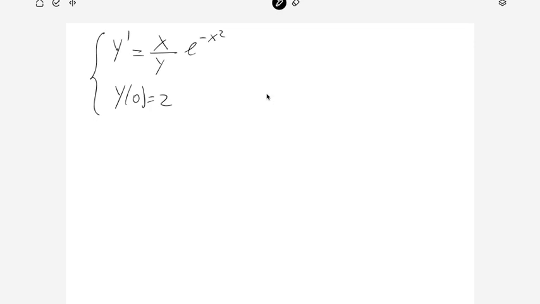Okay, good. And we have to solve this differential equation. In order to solve it, this is an equation with separate variables. I think you know what a differential equation is. It is an equation where you have to find a function.